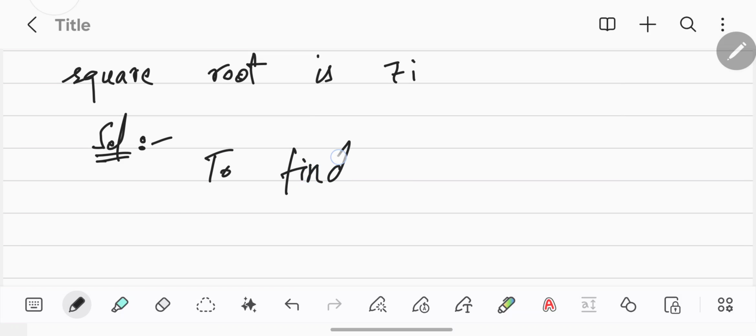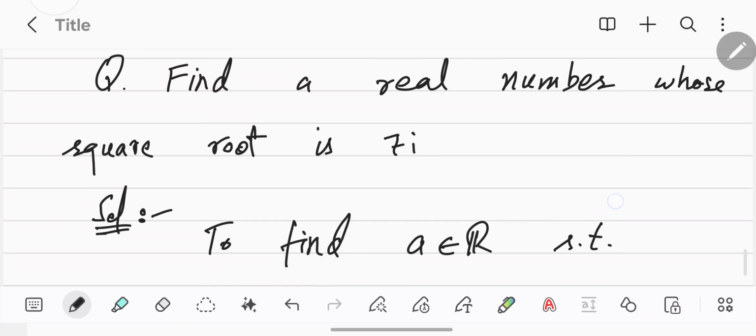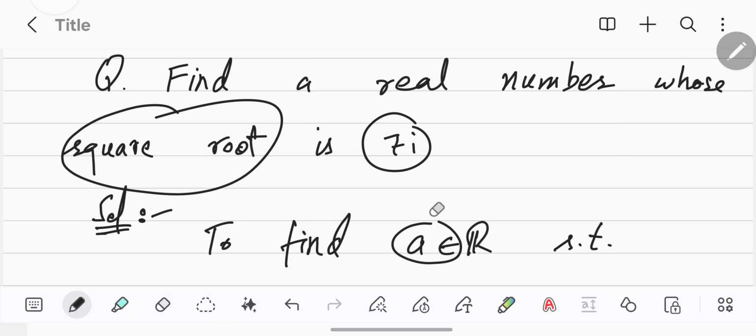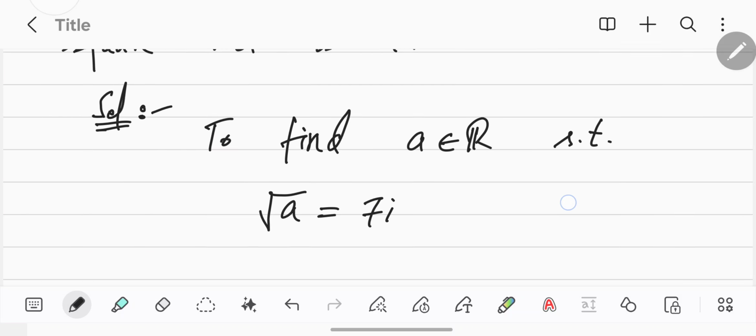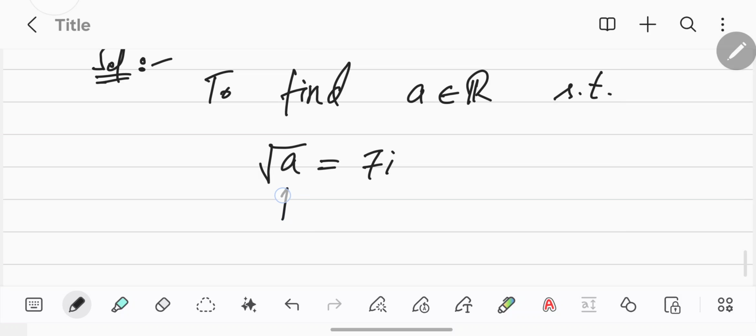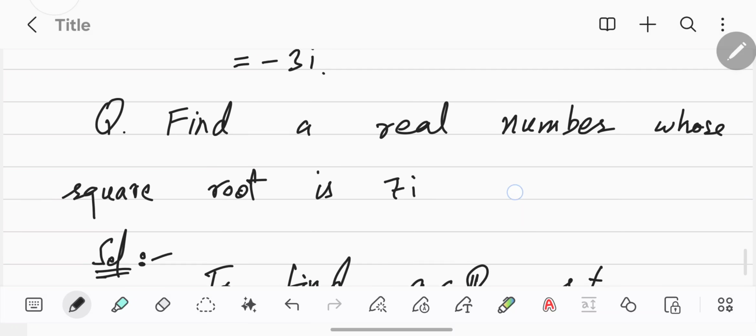To find a in the real numbers such that the square root of the real number is 7 iota. What does that mean? The square root of a is 7 iota. We have to find a. This is given. We have to find a real number a such that if we take its square root, we get 7 iota. This is the question.